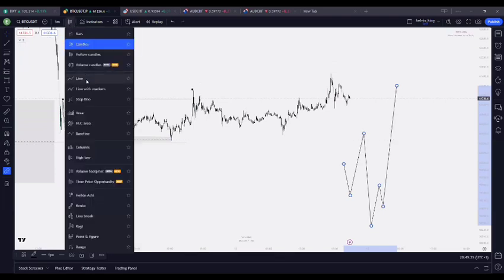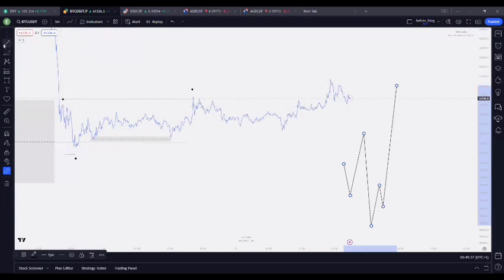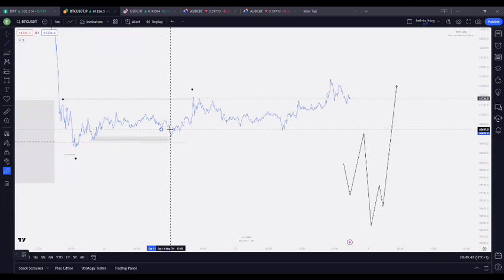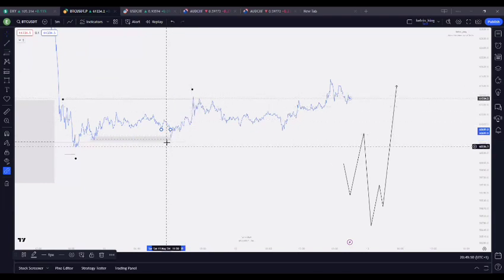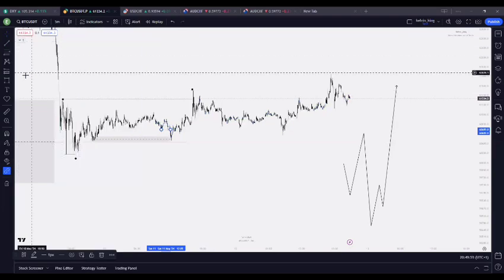If you can't see it properly, go to your line chart. You can see that there was a sweep here, and this zone was the origin of this high being taken out. So this zone in 5 minutes has now become a new strong 5 minutes low.